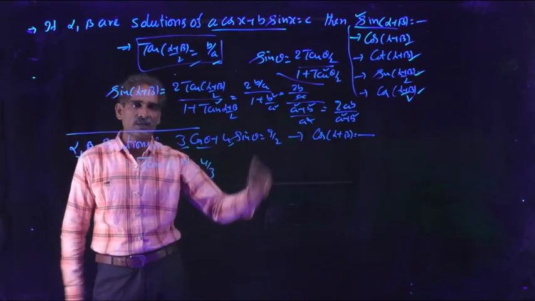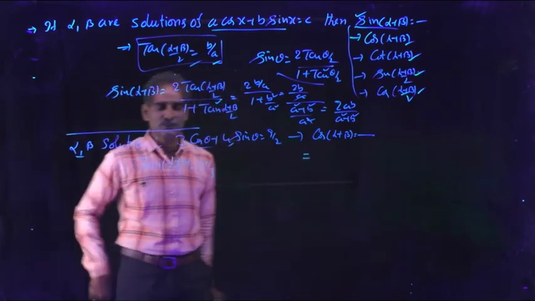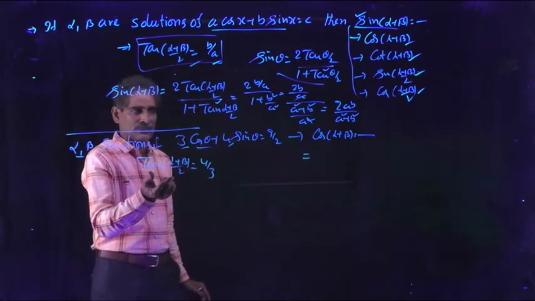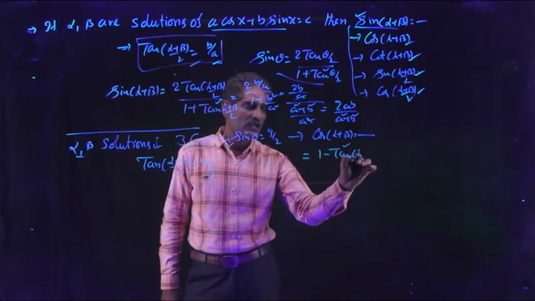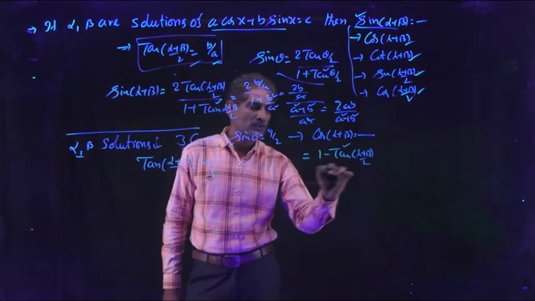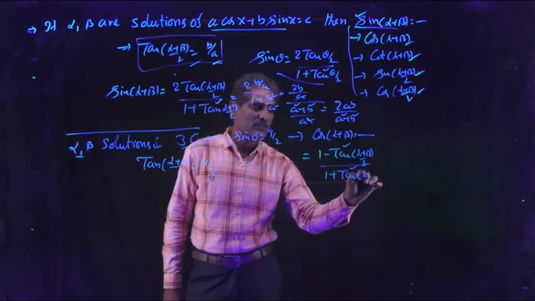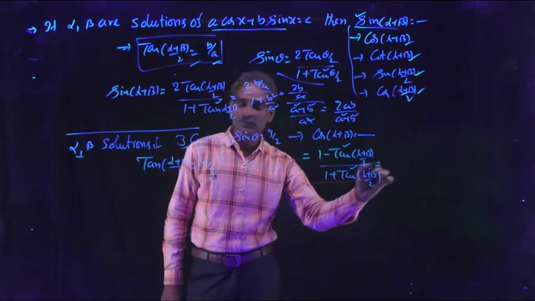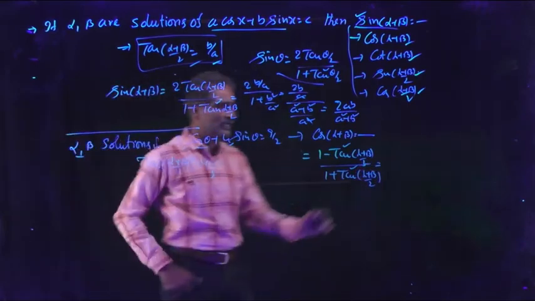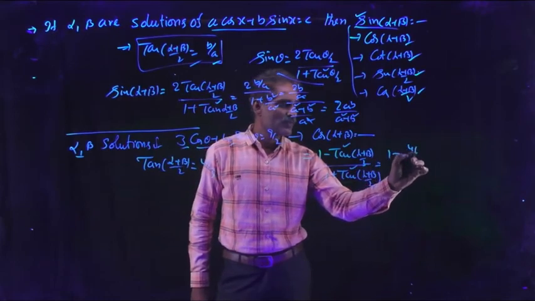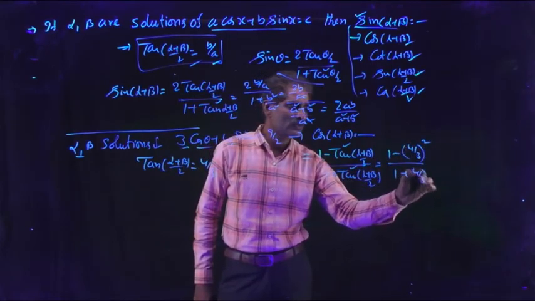Now we can write cos of alpha plus beta. So try to express cos of alpha plus beta in terms of tan of alpha plus beta by 2. That is 1 minus tan square of alpha plus beta by 2, divided by 1 plus tan square of alpha plus beta by 2. Now substitute the tan of alpha plus beta by 2 value, that is 4 by 3. Here we will get 1 minus 4 by 3 whole square by 1 plus 4 by 3 whole square.